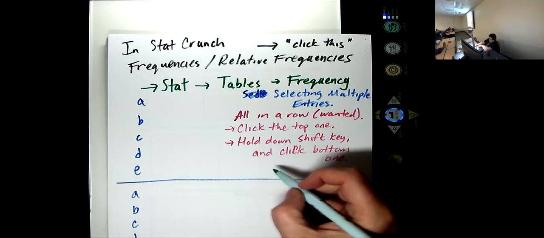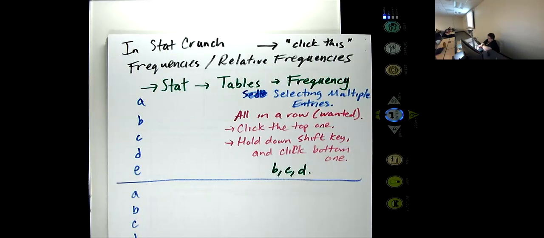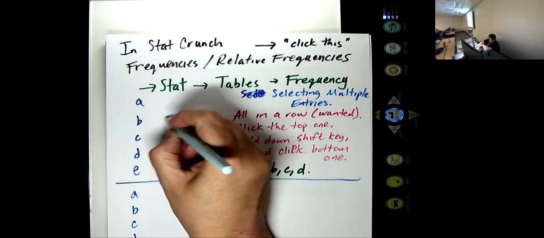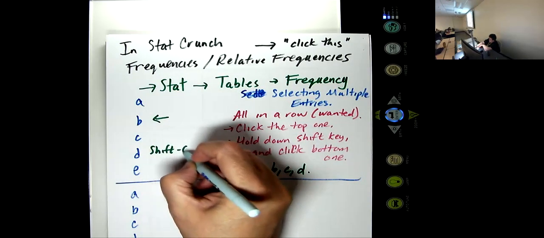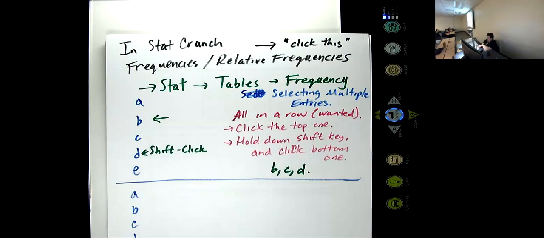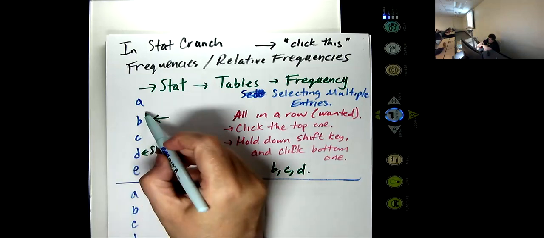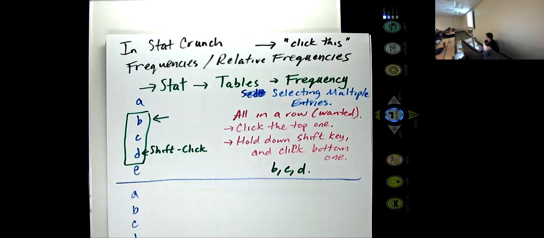Let's say I wanted B, C, and D. I would click on B and I would shift-click D. If I do that, all of these are going to be highlighted.